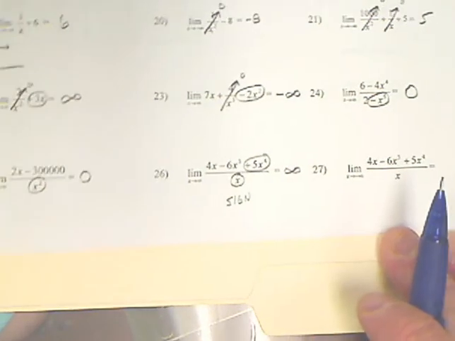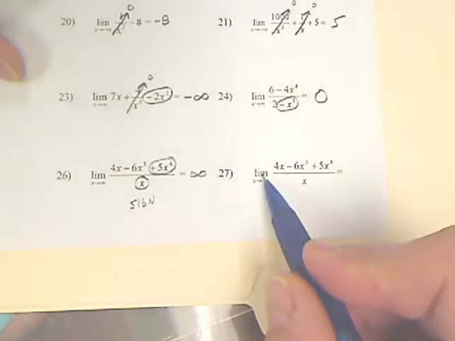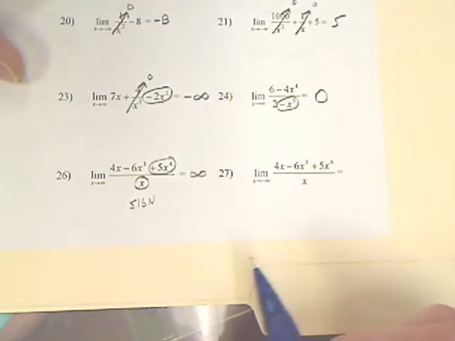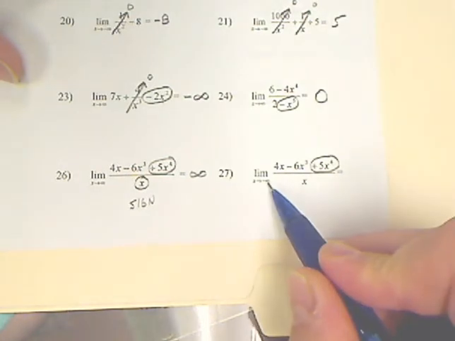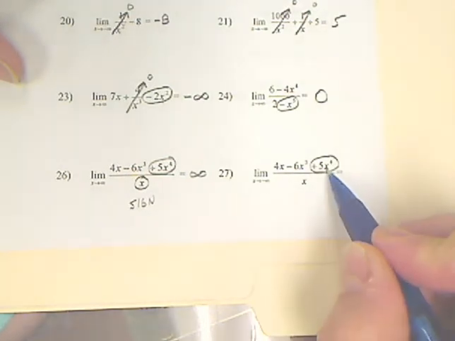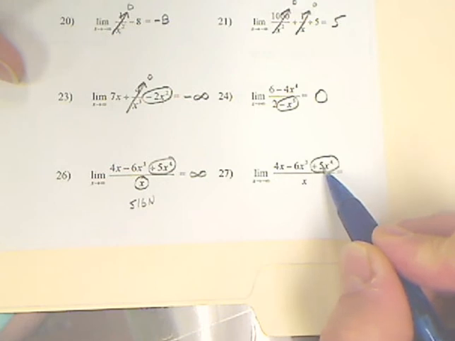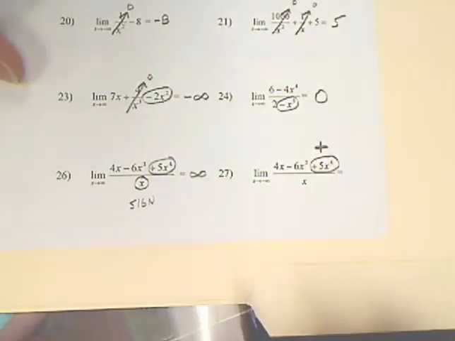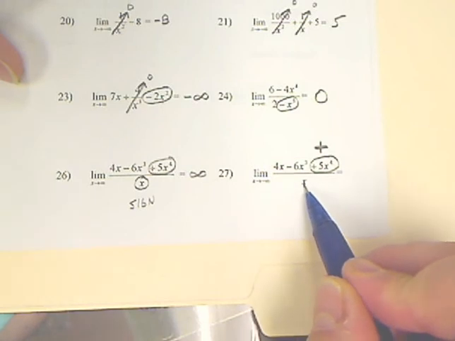Here's what I mean. If you look at 27, it's the exact same equation as 26, except we're doing the limit as you go to negative infinity. So the dominant term is still located there. If you were to stick in a negative a million right here and raise it to the 4th power, it would be a giant positive number. Times 5 is still a very, very large positive number. But keep in mind, we're going to stick negative a million right there also.